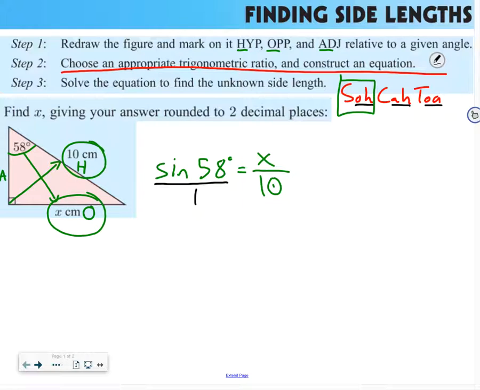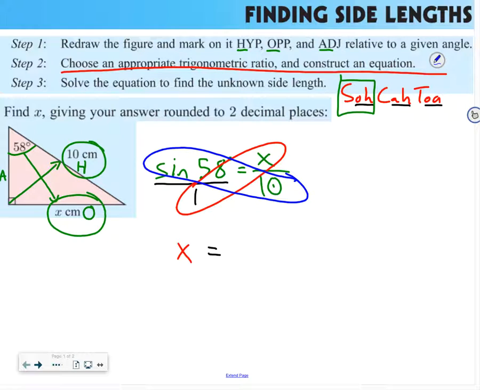In order to get x by itself, I'm going to multiply both sides by 10, or I can think of it like this: 1 times x is x, and this is equal to 10 times the sine of 58 degrees.